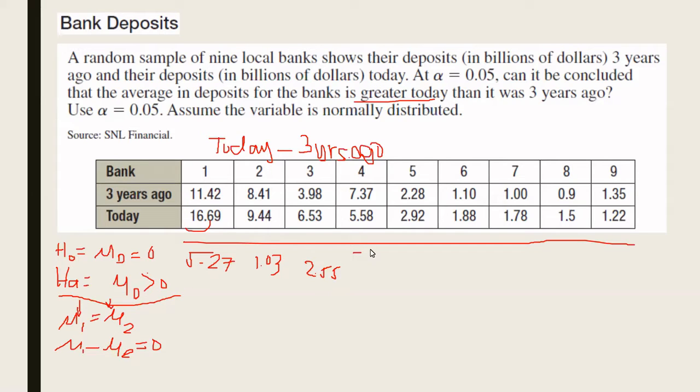Because we have 5 minus 7. Klaro naman yan. Negative. And this is 0.64. Then 1.88 minus 1.1, 0.78. This is 0.78. Oh, parehas sila. This is 0.6. And this is negative 0.13.